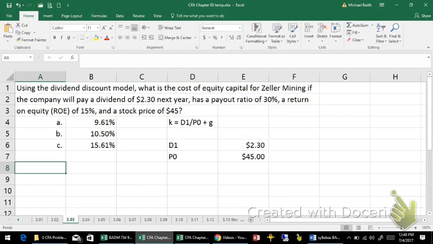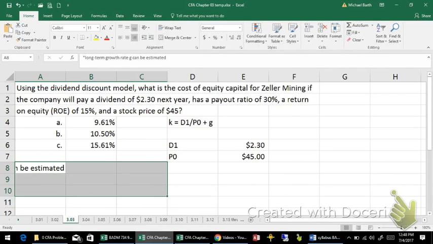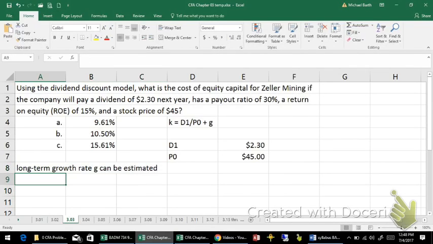Well, the long-term growth rate, G, can be estimated, if it's not just given in the problem, by the relationship between the payout ratio, that's how much of the company's earnings are paid to shareholders as dividends or other cash flows, and the return on equity.